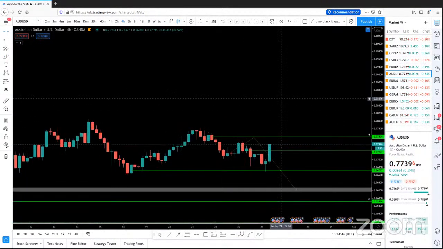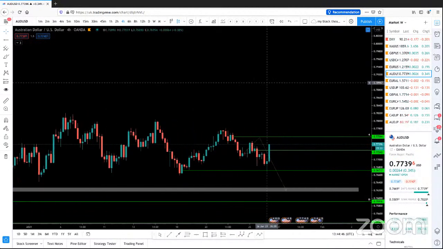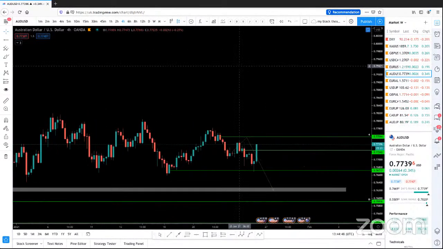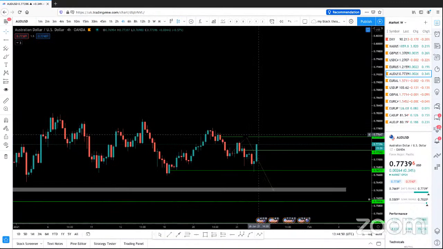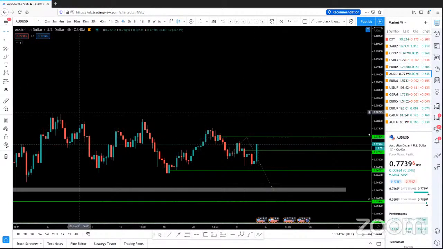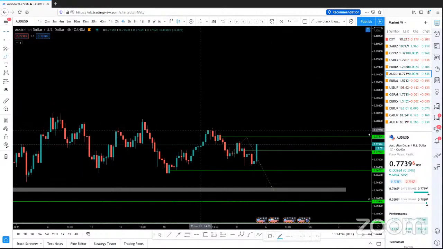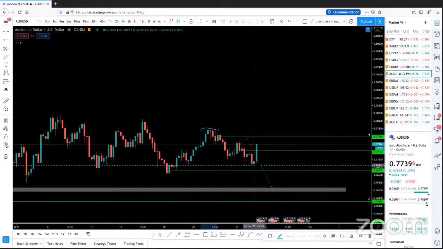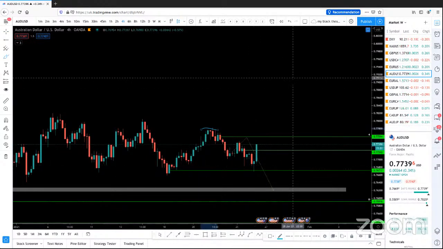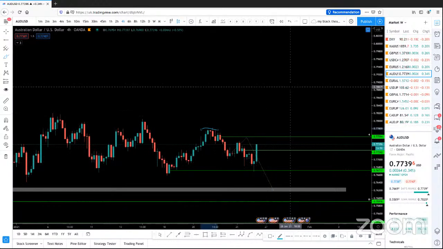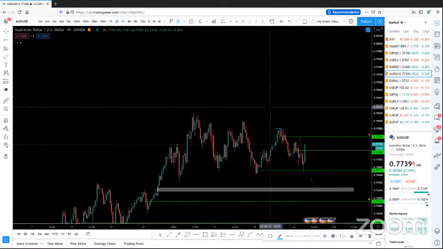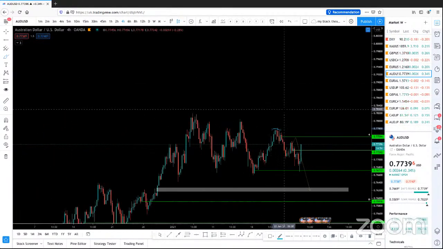Okay. AUD USD, guys, at the moment I've been waiting to see some reaction from this area. If this high is violated, then it is on the right move towards making a high, because AUD USD has been bullish on the high time frame.